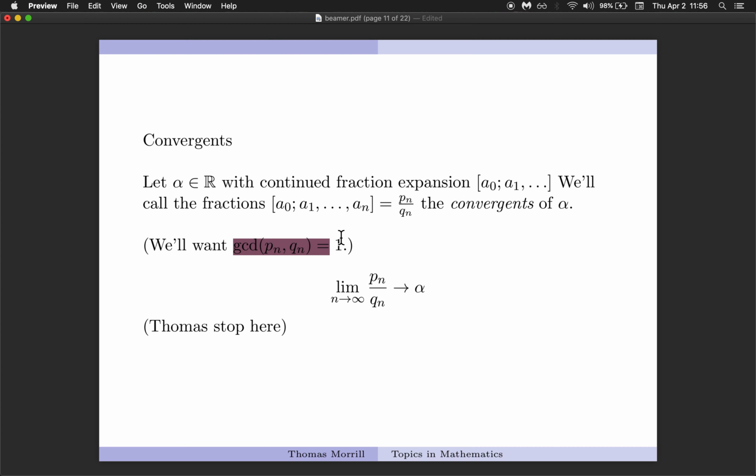Another way to say that, they have GCD equal to 1. This line right here is just a restatement of my claim from the previous slide. In the limit as n goes to infinity, the nth convergent, Pn divided by Qn, should be tending towards alpha. So these numbers will be getting ever closer to alpha.